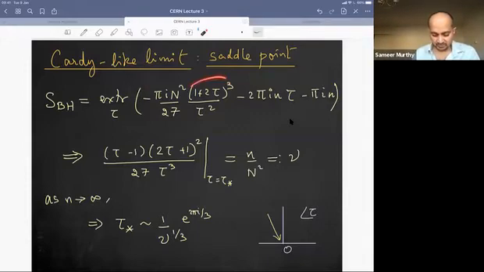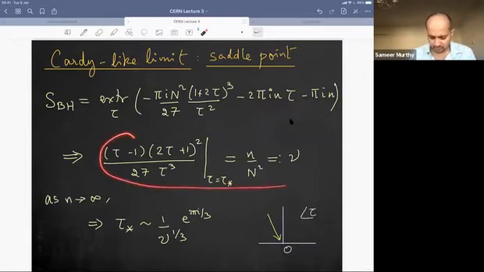If you differentiate this, you get this term. If you differentiate this, you get this term. There's an N squared here that goes in the denominator, and I'll call this sort of gravitational charge nu. So you get some explicit algebraic equation for the saddle point, and as N tends to infinity, you can even eyeball what the solution is.